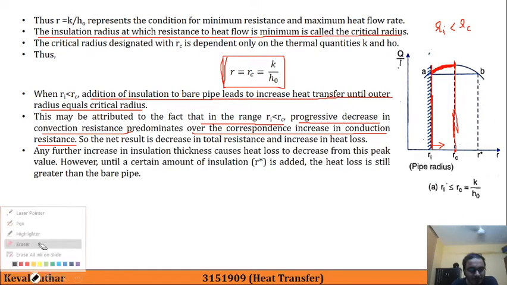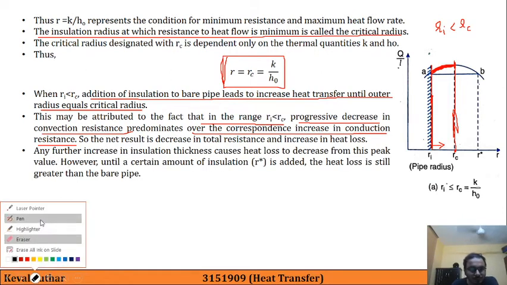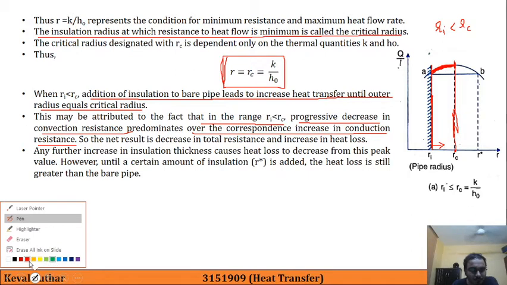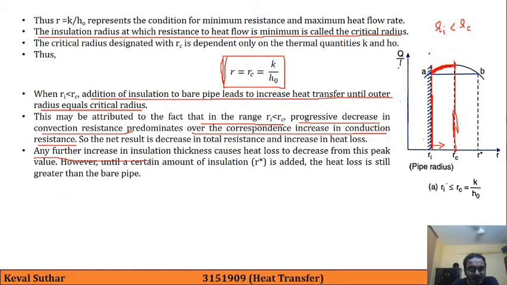So here any further increase in insulation thickness causes the heat loss to decrease from this peak. However, you can see that the heat flow rate is decreasing, that is thermal resistance is increasing in this case.